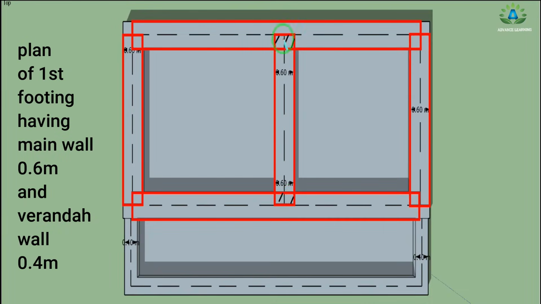So we need to reduce these two T-junctions. So this portion is our 0.6 meter, that means this small portion is obviously of 0.6 by 2. So we need to reduce these two 0.6 by 2 in the total center line.